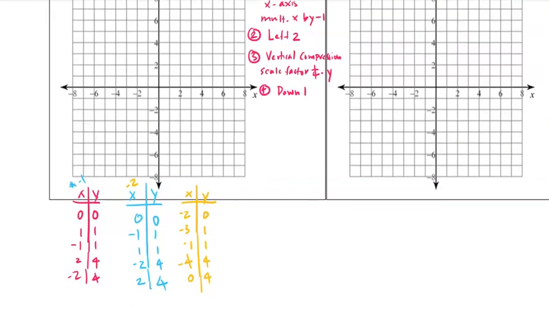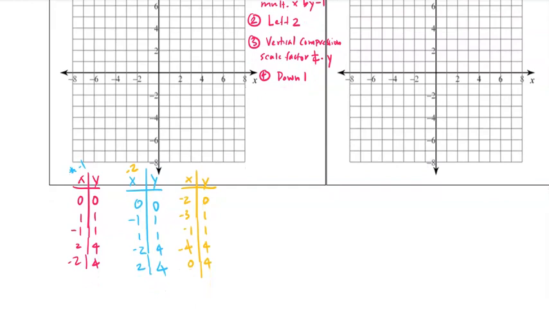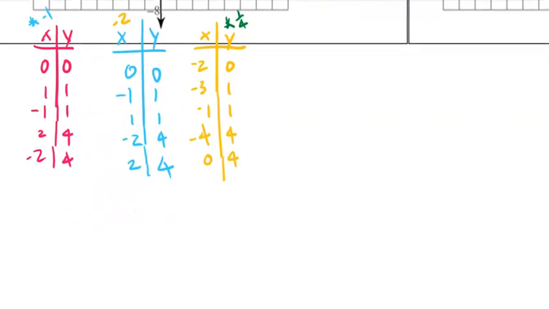Now we're going to do a vertical compression scale factor of 1/4. So we're going to take the y values and multiply them by 1/4. That's a multiplication thing.